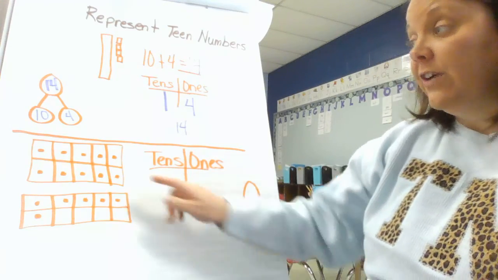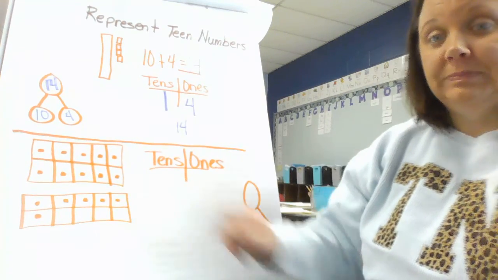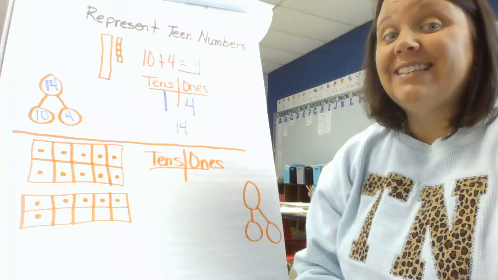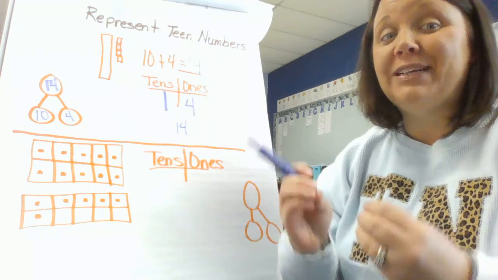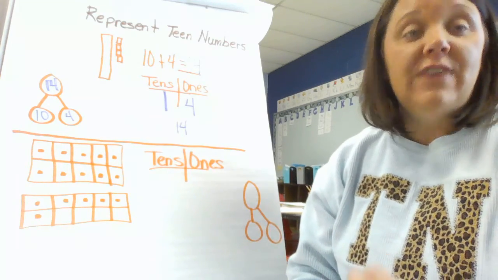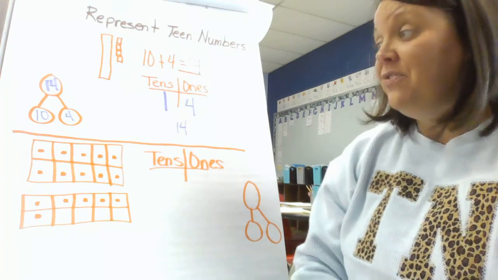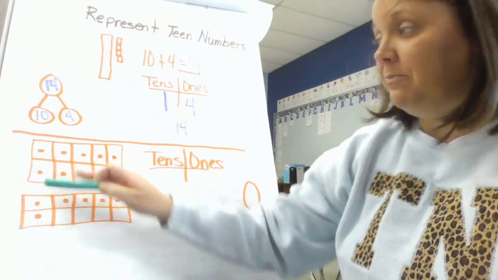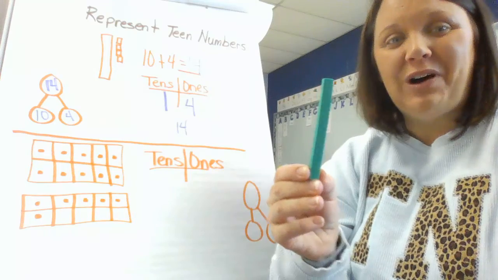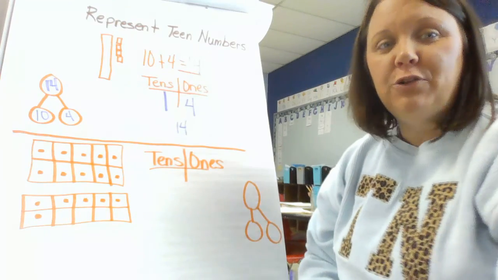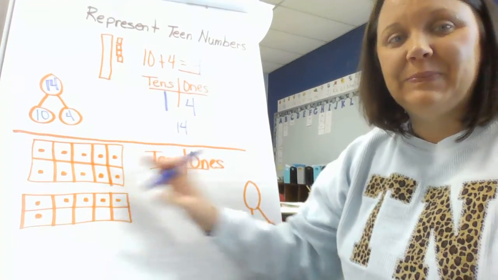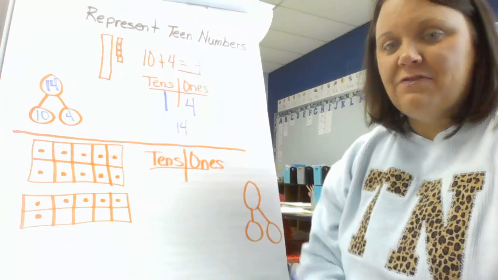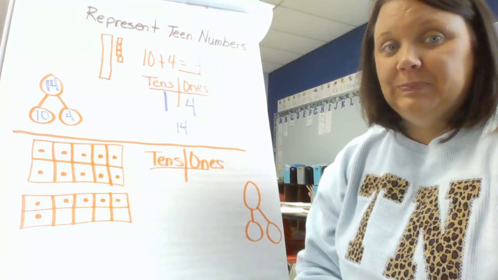Okay, the first 10 frame is full. So we would say 10 because we know when a 10 frame is full, the value of that 10 frame is 10. The value of a 10 frame and a 10 rod are the same. They have the same value. It holds 10. This 10 frame is not full.